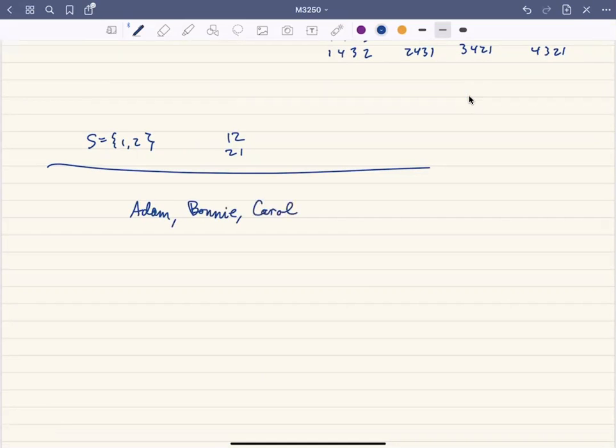Okay, so we have Adam, Bonnie, and Carol, which I'll call A, B, and C. If we want to count the number of permutations, the number of ways to arrange them, say sitting at a table, say we had 3 spots at a table for them to go in, there would be 6 arrangements or 6 permutations, because you have 3 choices of who to put in the first spot, 2 choices of who to put in the second spot, 1 choice who to put in the final spot. Now, there's 6 arrangements, and that's fine.